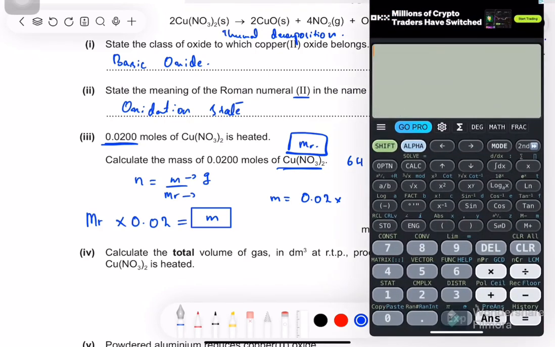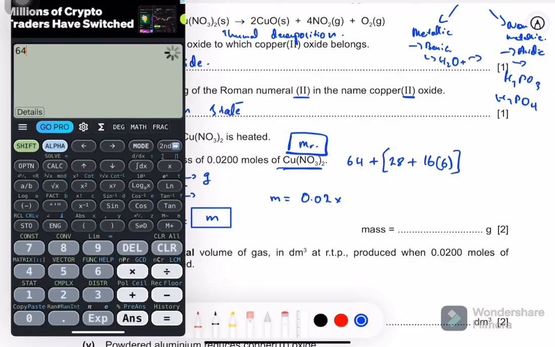So 64 plus 28 plus 16 times 6 gives 188. When we multiply this by 0.02, we get 3.76.